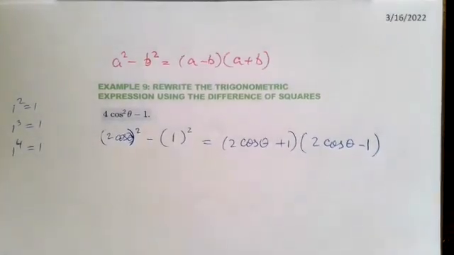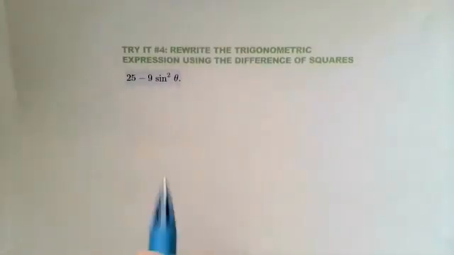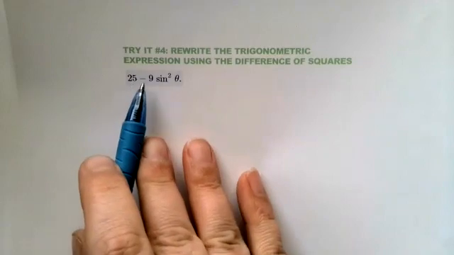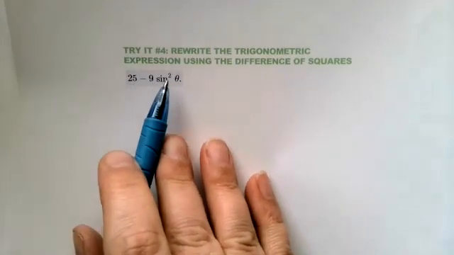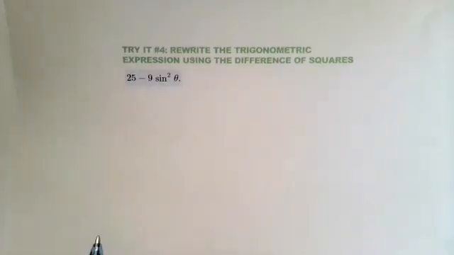All right, so I want you to practice that and to rewrite 25 minus 9 sine squared theta as a difference of squares. Go ahead and pause here. And we're going to continue to example number 10.